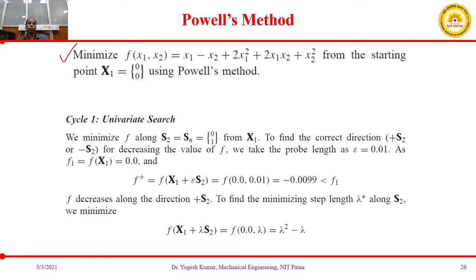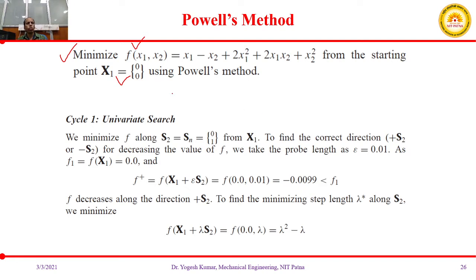Suppose we want to minimize the function f(x) equal to x1 minus x2 plus 2x1 square plus 2x1x2 plus x2 square, and we have some starting value given. Otherwise, if it is not given, you can choose yourself.